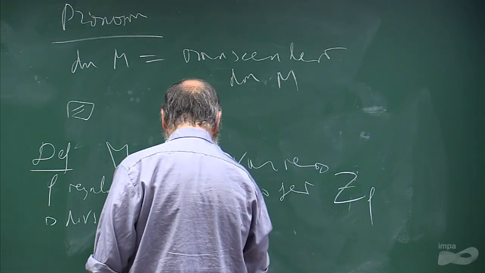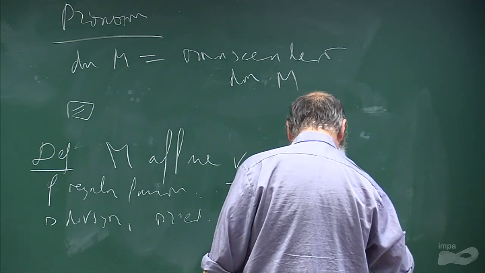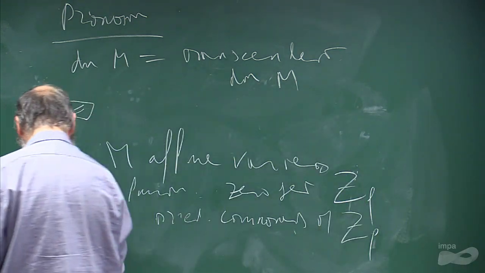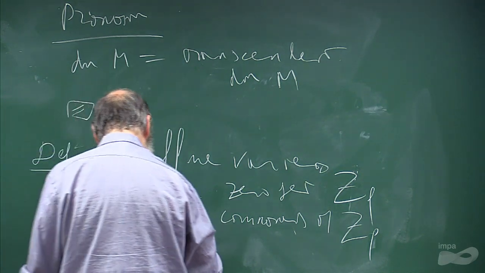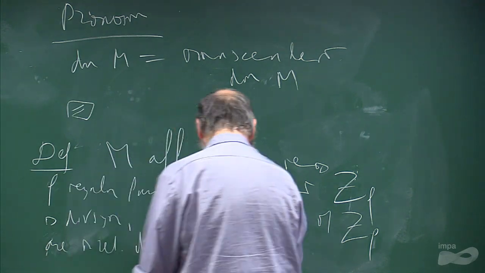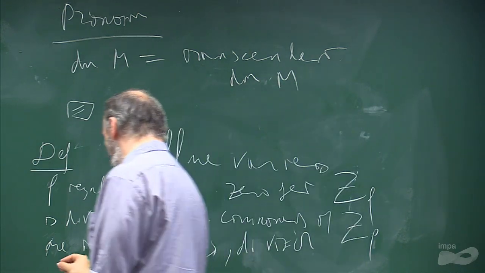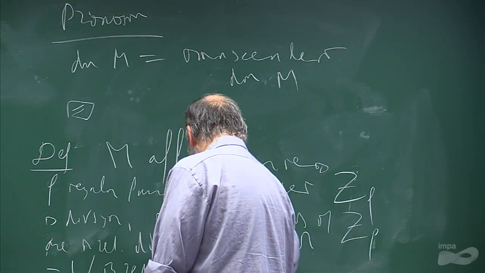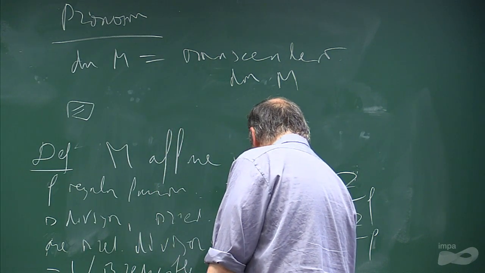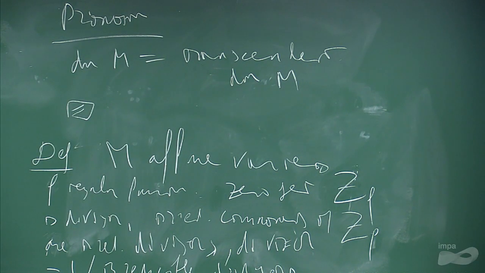The irreducible components of ZF are irreducible divisors. And a divisor is just a union of irreducible divisors. This is the terminology. The idea is that a divisor is something of codimension 1.